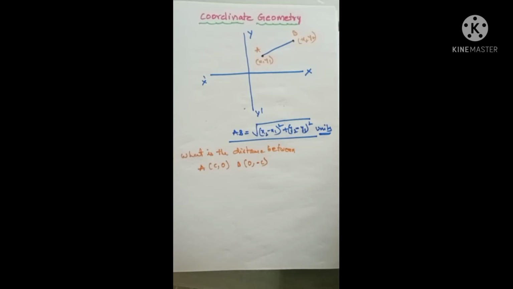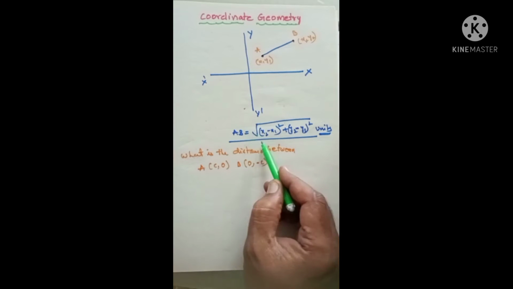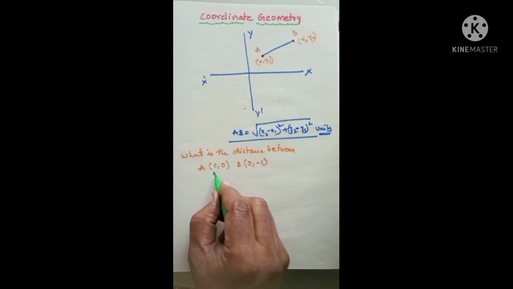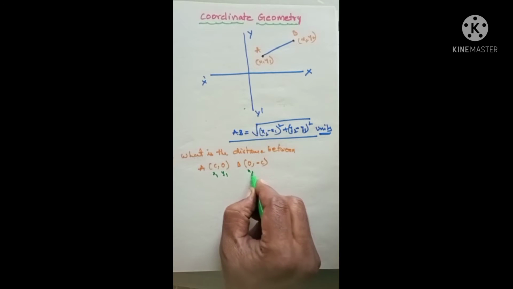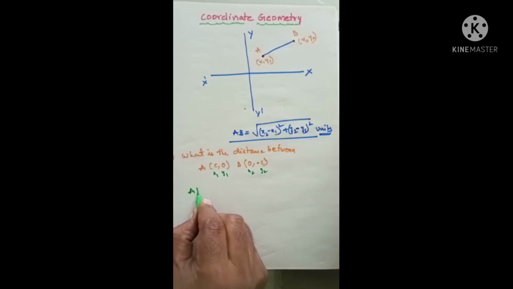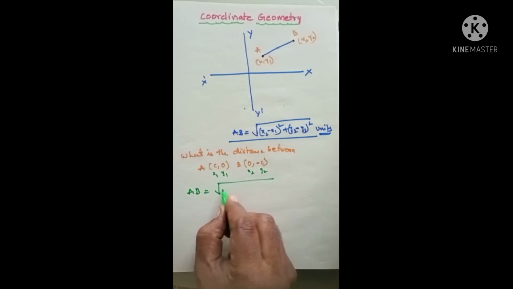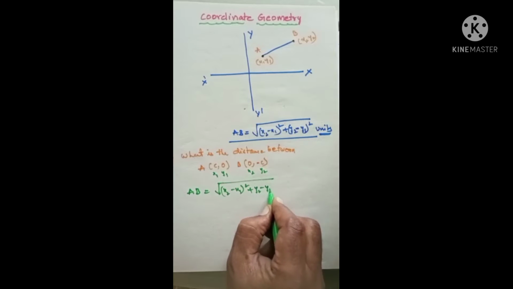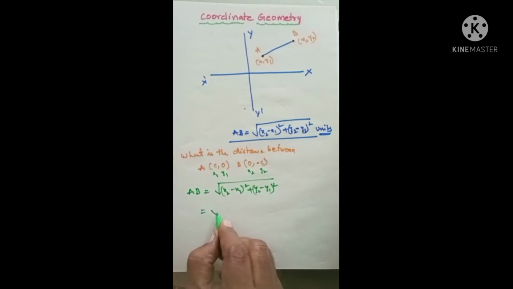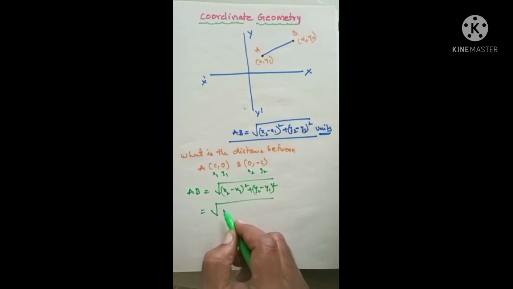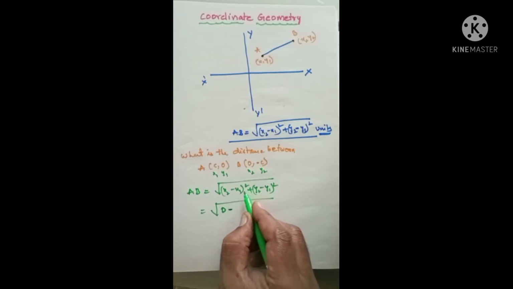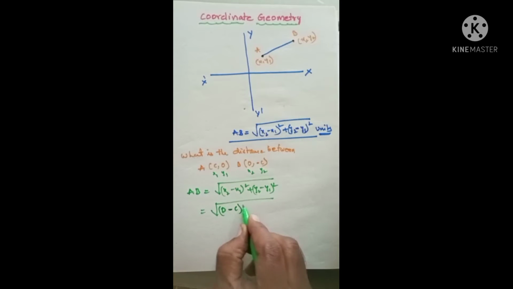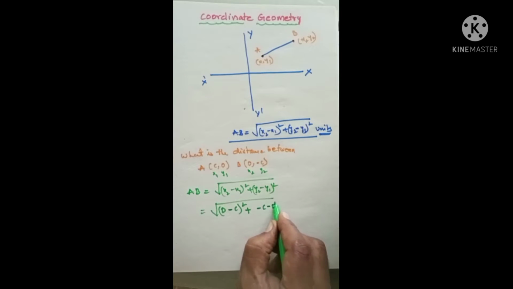While you are finding the distance, first you want to identify the values of x1, y1 and x2, y2. Therefore AB is equal to, you know the formula, under root of (x2 minus x1) whole square plus (y2 minus y1) whole square. Substituting the values, x2 is 0, minus is there in the formula, be careful, and x1 is c, whole square, plus y2 is minus c minus of 0, whole square.